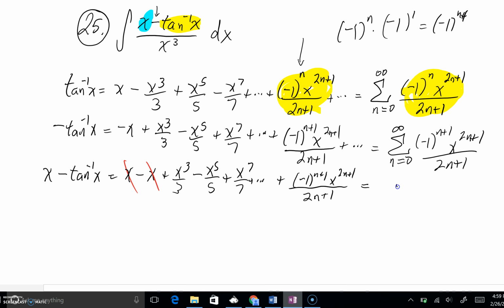You can see what has just happened here. The x and the minus x are going to cancel out. So losing that first term, we've talked about that in terms of derivatives. Even though we haven't taken a derivative here, we could say this is equivalent really to having lost that very first term.